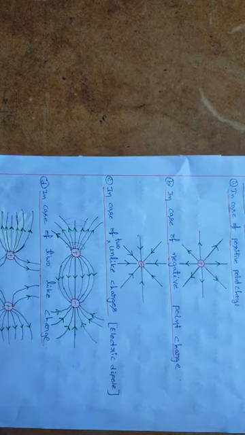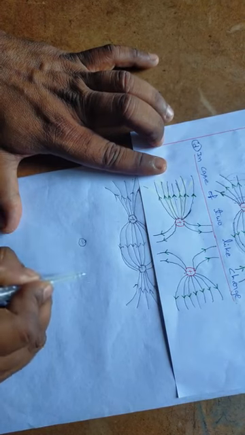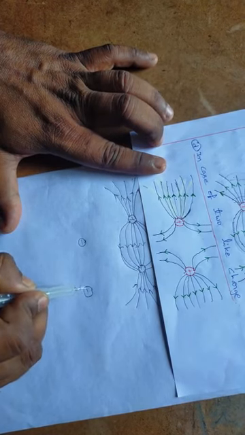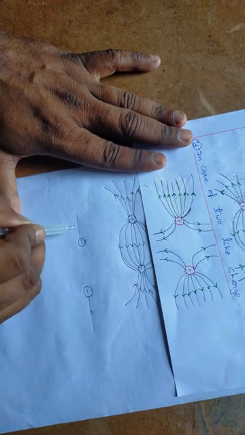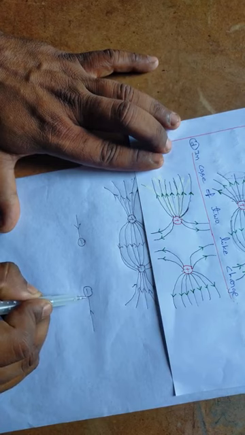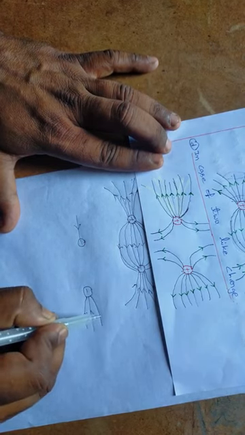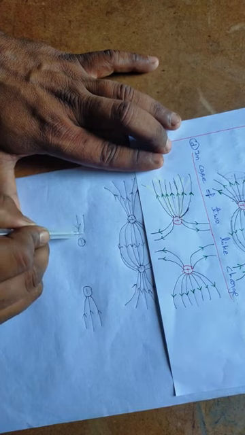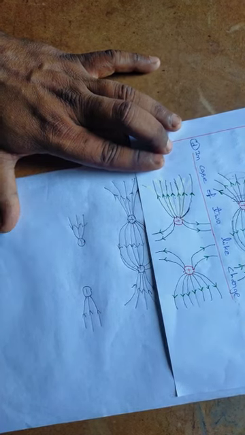Suppose the two are negative, this is a negative charge and this is a negative charge; you may get it like this. Only the direction we have to show like this. That means towards the charge in the case of negative charges, but in the case of positive charges we have to show the direction away.